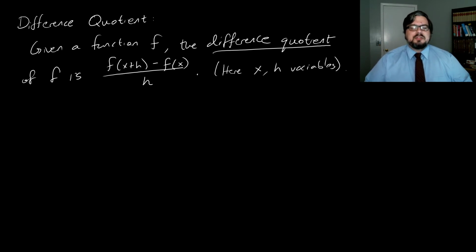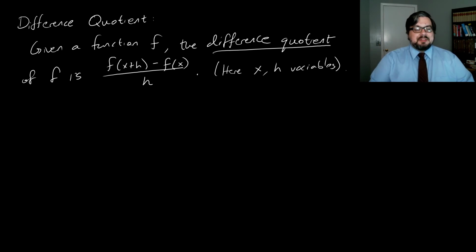It turns out that this is the sort of expression that you might use to calculate the average speed of an object. If you look at its starting position and its ending position, take the difference of those two and then divide by the amount of time it took for an object to go from one to the next, then that will give you the average speed.